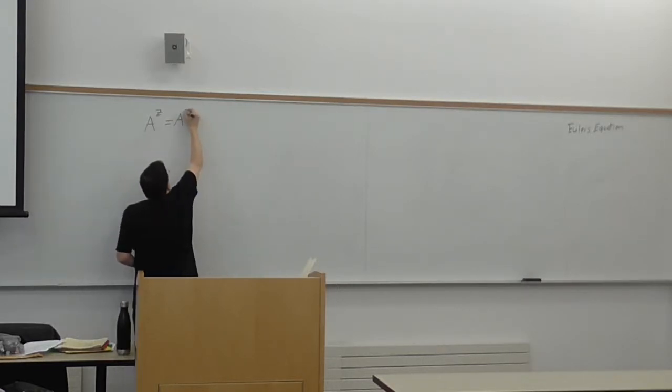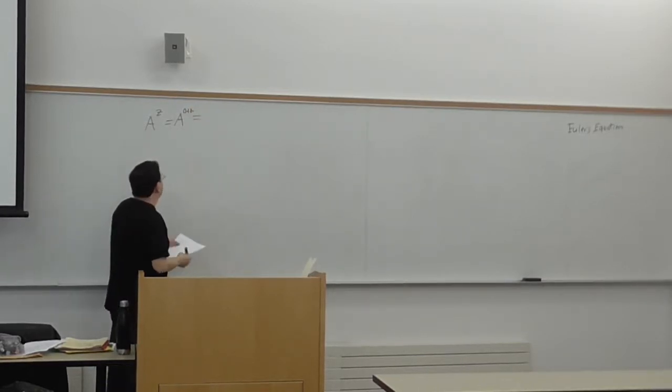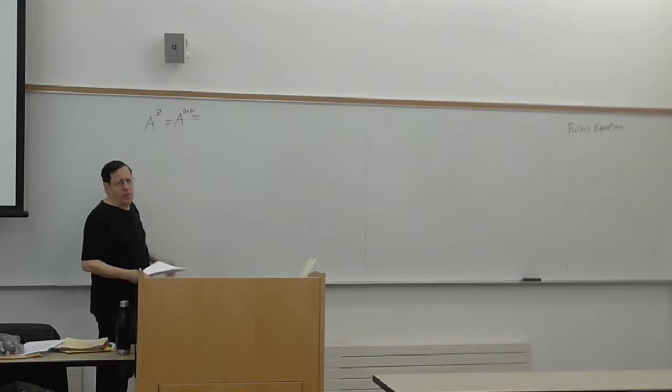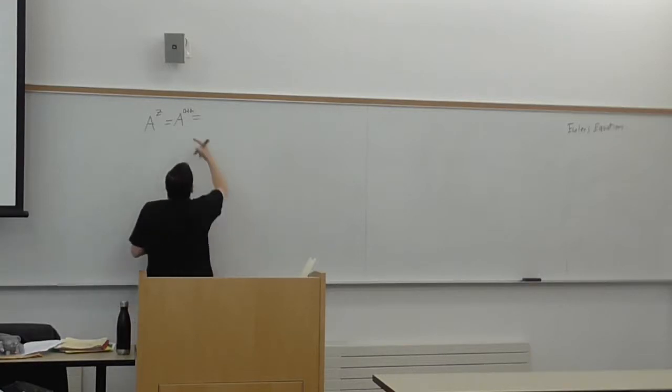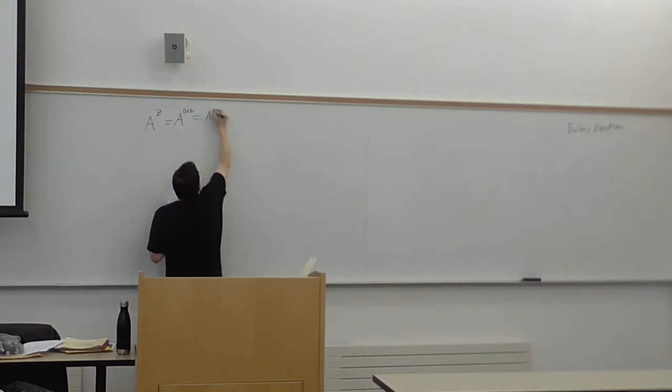If z is a plus bi, and assuming this follows the laws of exponents, which wouldn't be much use if it didn't, then we know that capital A to the small a plus bi would be capital A to the small a times capital A to the bi.